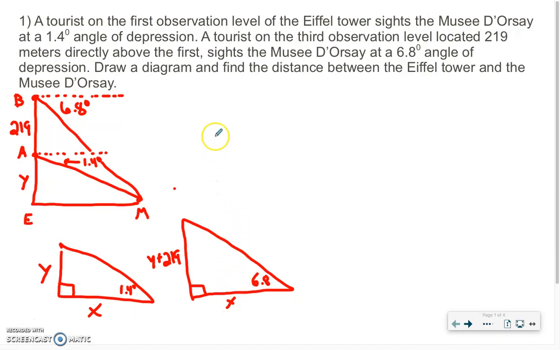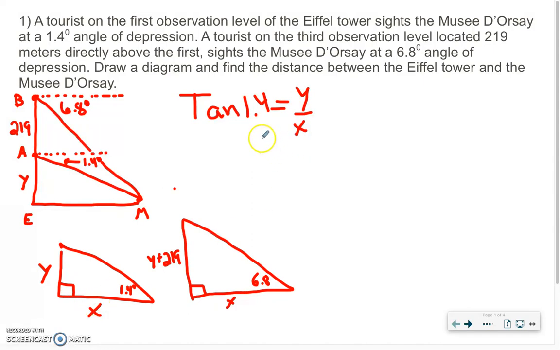So our two scenarios, we have tangent, opposite over adjacent, so tangent of 1.4 has to equal Y over X. Opposite the 1.4 degrees over the adjacent.